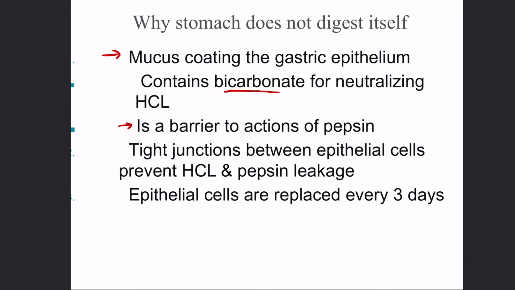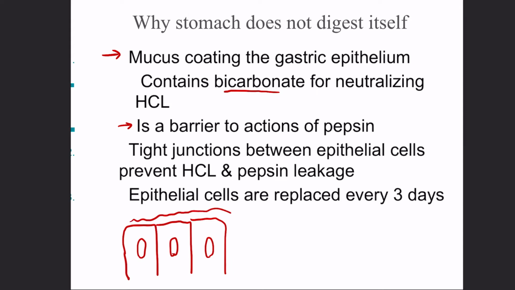The tight junctions, there are tight junctions between epithelial cells. So I can draw epithelial cells here that prevent hydrochloric acid and pepsin leakage. And this is mucus maybe. It's really controlled where hydrochloric acid is allowed to go within this area.